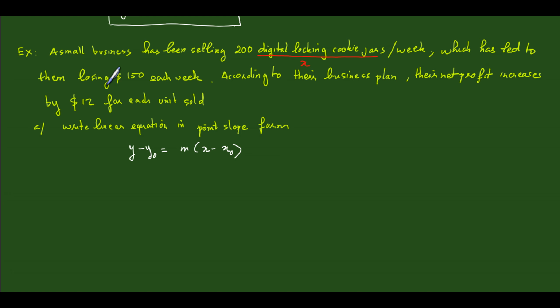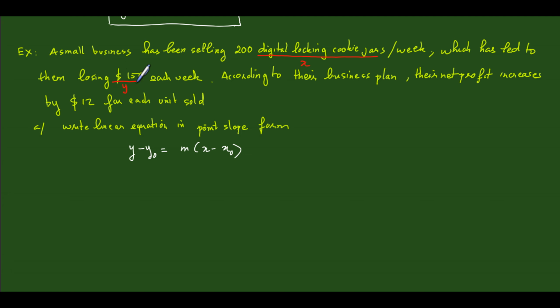And losing $150, this is the amount of money you lose, which depends on the number of cookie jars you sell. So because this is the dependent variable, this one must be the y. So it means that they already give you y0 and x0.